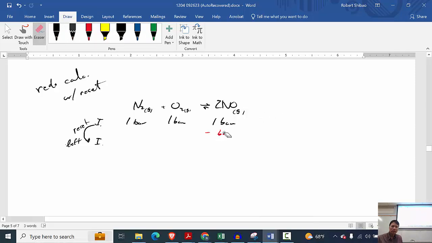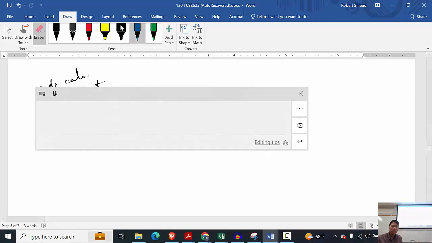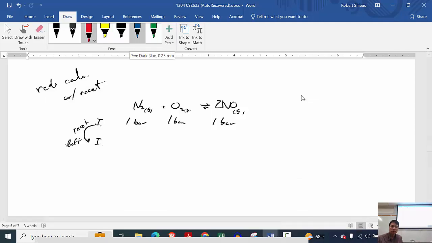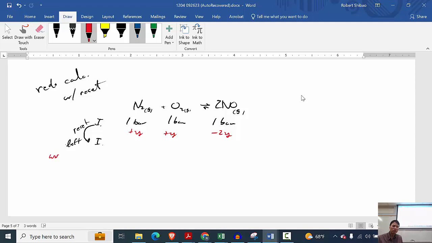With the reset, I'm going to do it with just a variable. So this is going to be minus 2y. And then over here I'm going to have plus y, and then I'm going to have plus y here. So when I reset it left, I assume 100% reverse reaction, and that depends on the limiting reagent. So I'm going to move all the atoms to the left. All the atoms that I can move to the left, I'll move to the left.